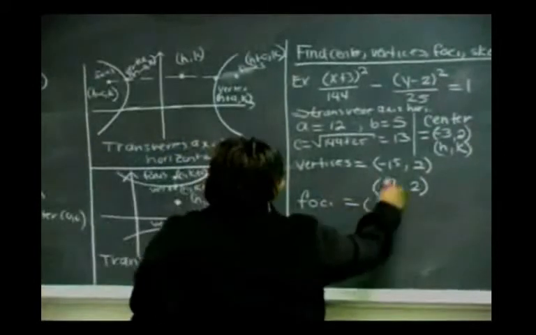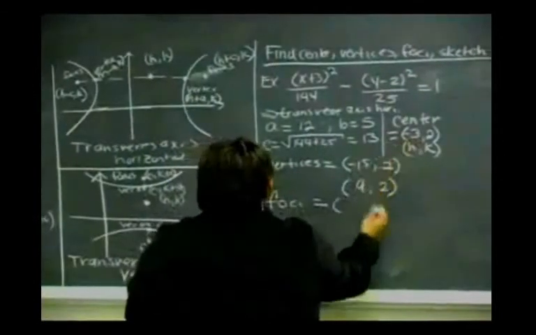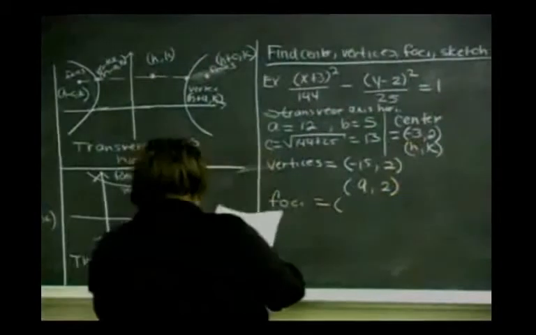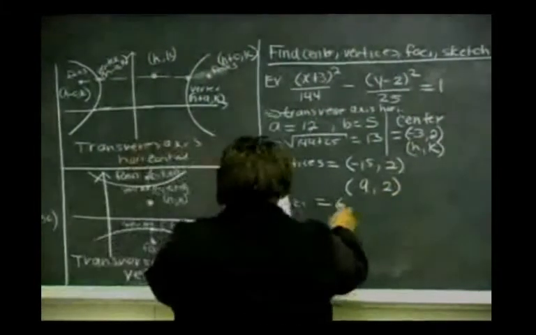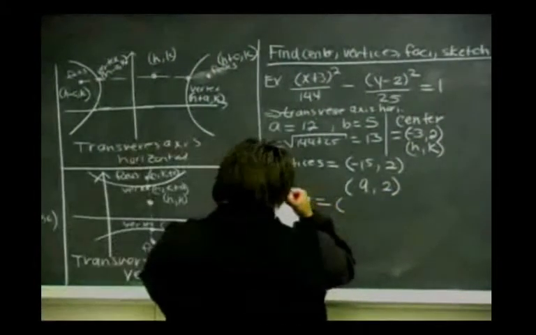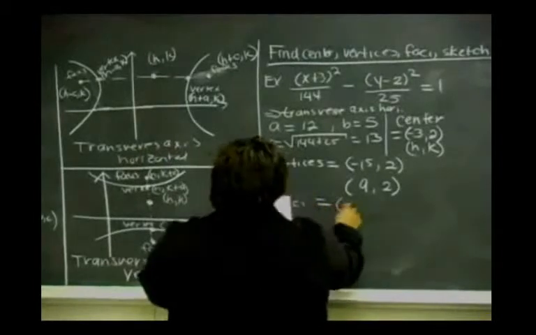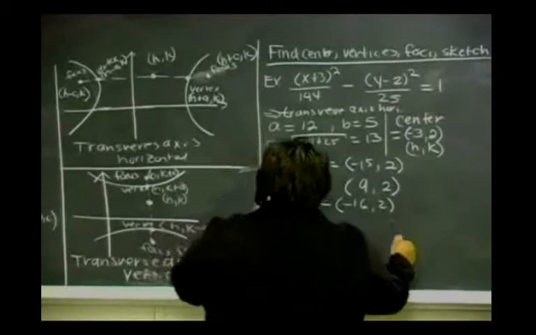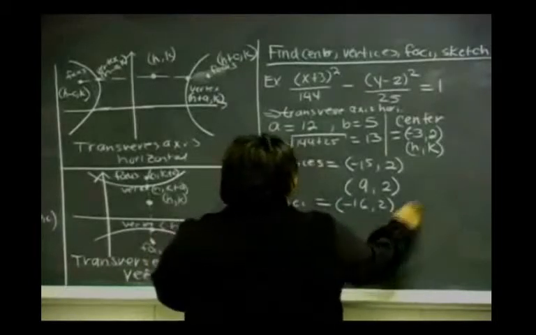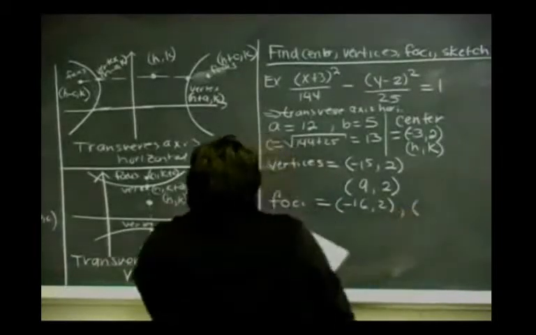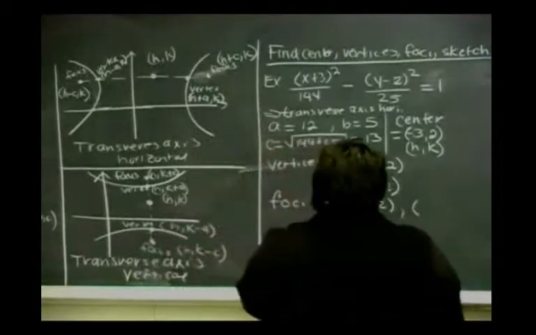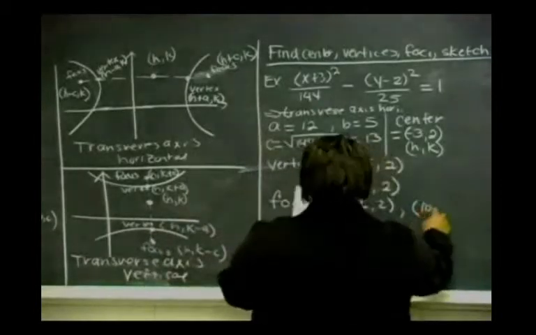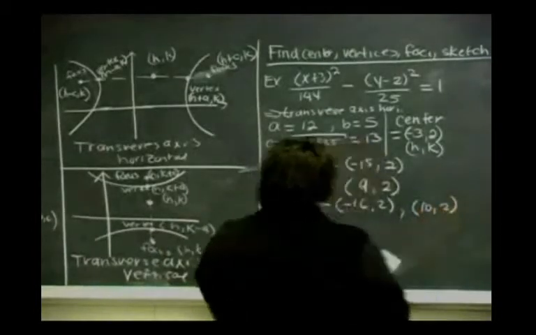It's h minus c, so negative 3 minus 13 is negative 16, 2. And then my what? H plus C is 10, comma 2.